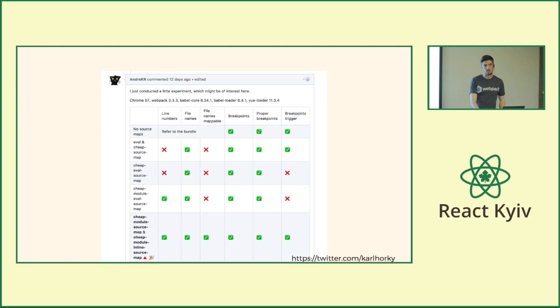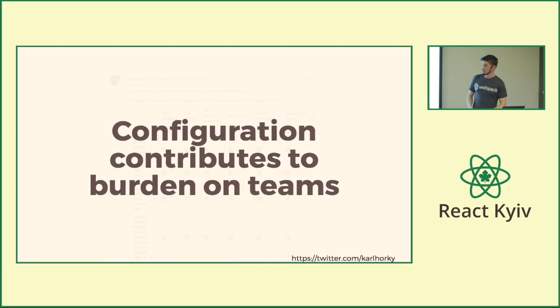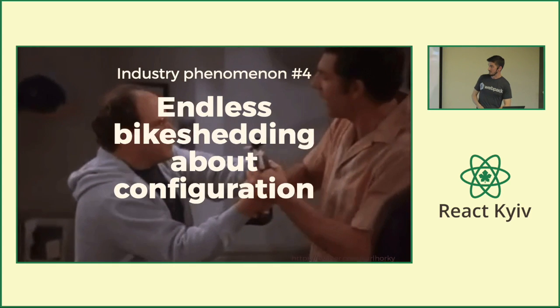I think it would work for 90% of people anyway. So this was one of the recommendations as a result of this. In this case, we can say that configuration contributes to a burden on teams. It's a mental burden to have to think about all of these things, to know where your last Webpack configuration was. That leads us also to endless bike shedding.